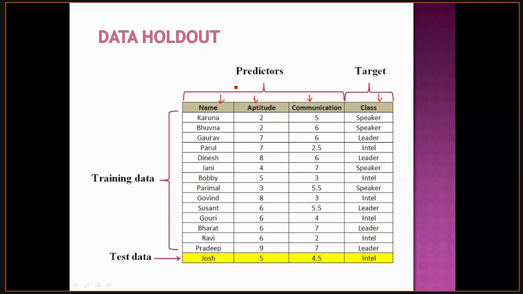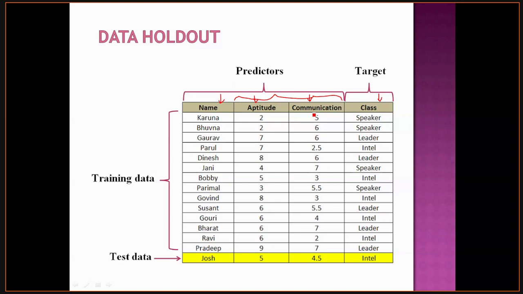Name has nothing to do in the prediction process. Whatever we are going to do, we will do using these two parameters, aptitude and communication, because the name of a student has absolutely no bearing on the target variable value, the class level, right?